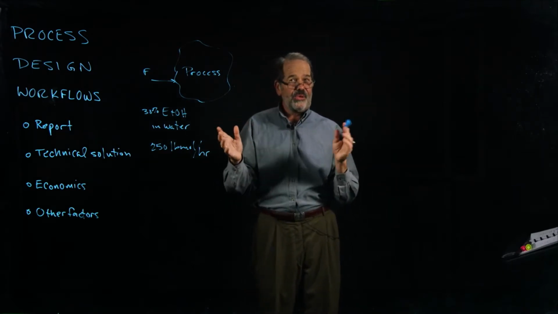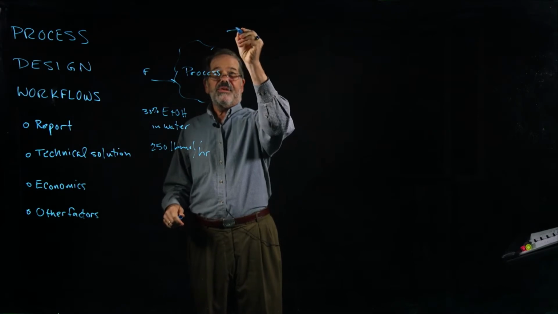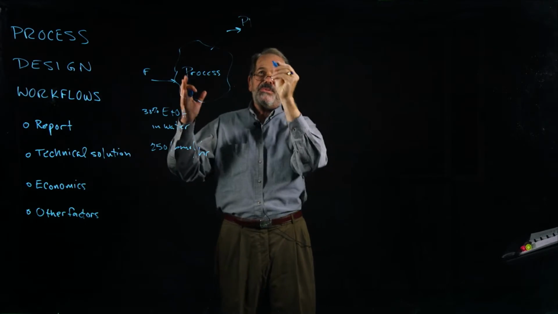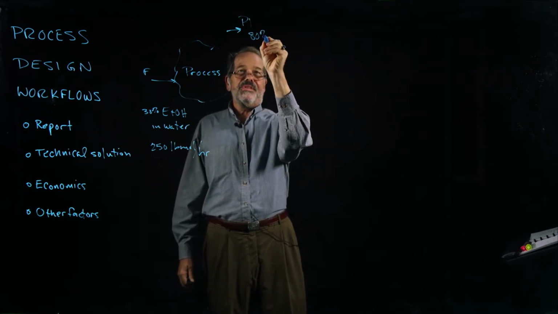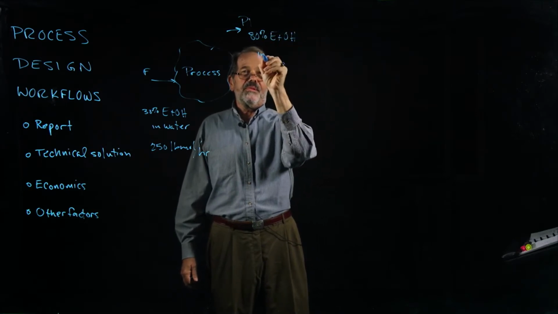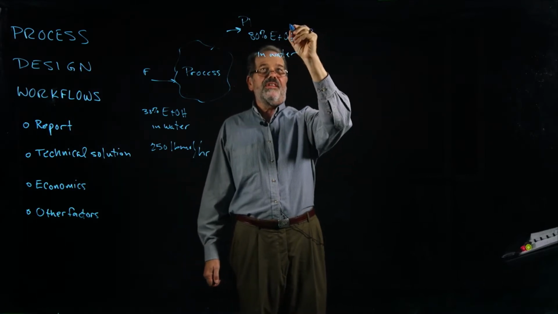We're going to try to generate two streams. The first one we want to generate, product one, will be a stream which is 80% ethanol and water. And this will be sent back to the process.